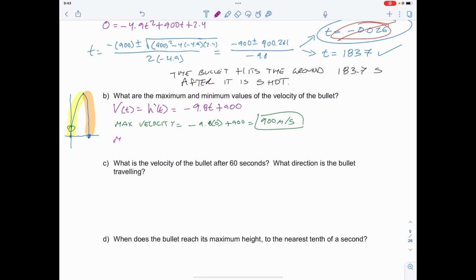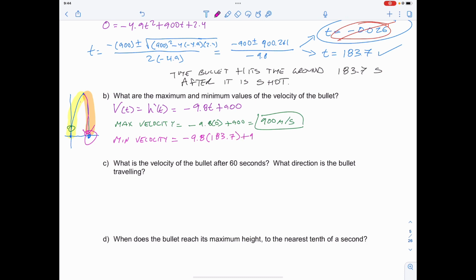When I'm doing the minimum velocity, that's going to be when it's going negative, and then it's going to speed up towards the ground, and right as it hits the ground is going to be that minimum one, which is at t equals 183.7 seconds.